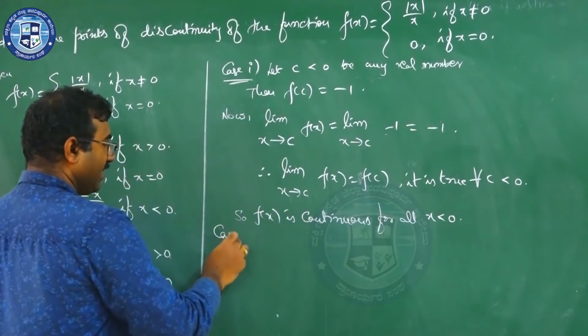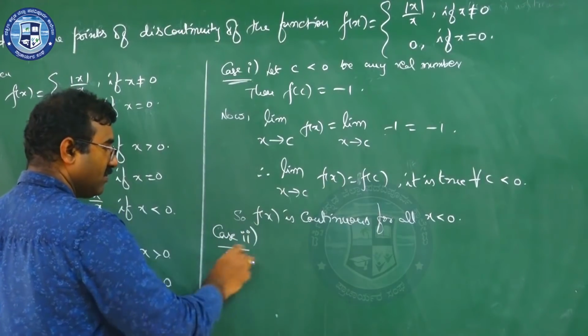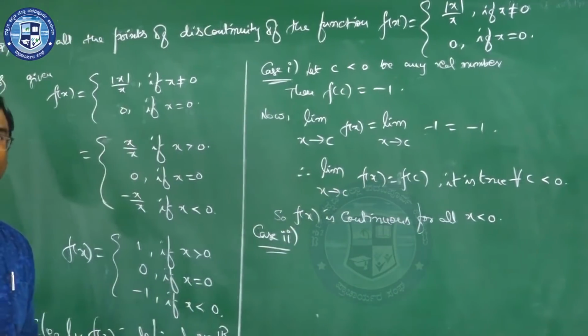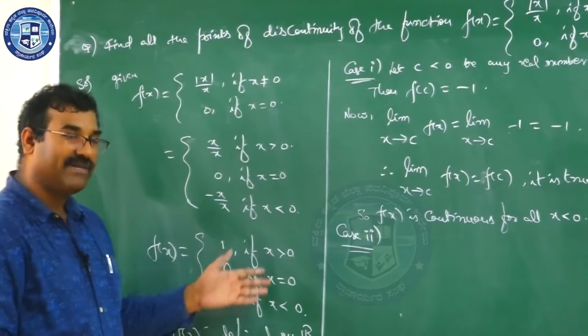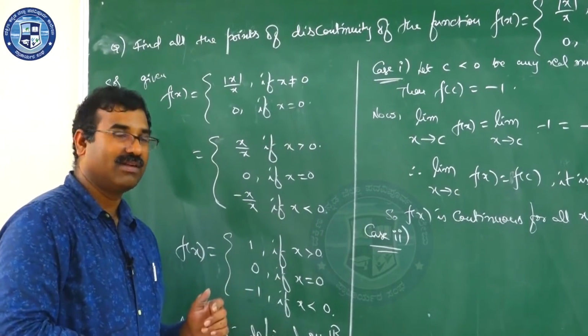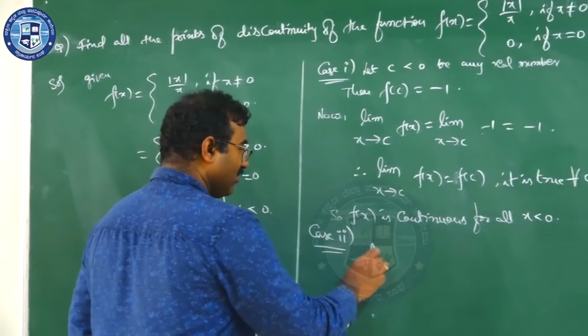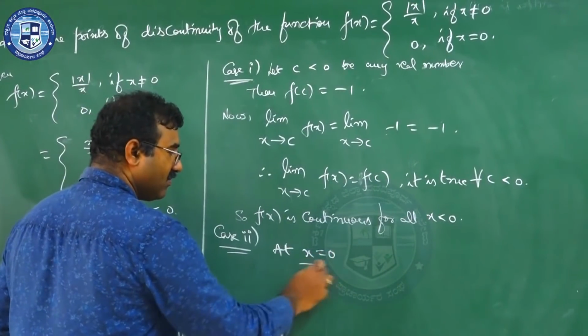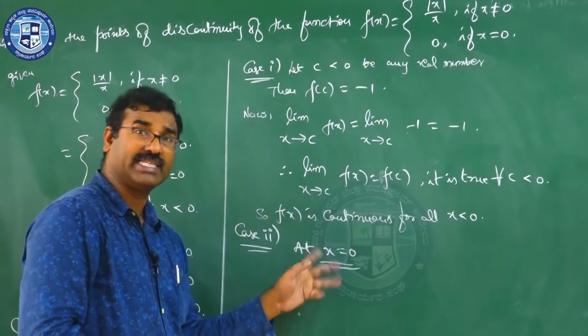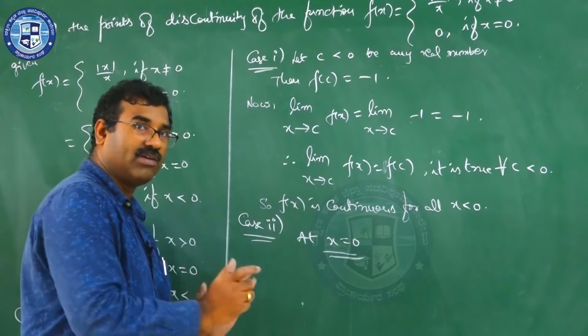Next, case 2 is always important for us because the function is splitting at 0. So at x equal to 0 we will work it out. You can take c equal to 0 or x equal to 0, no problem, but don't get confused.